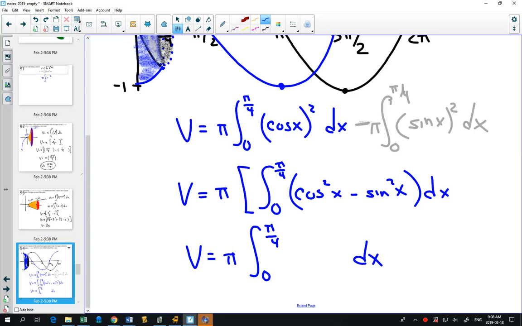But there is another identity up there. There is one that says cos squared alpha minus sine squared alpha is cos 2 alpha. And if we did that identity, this is an integral we can do.